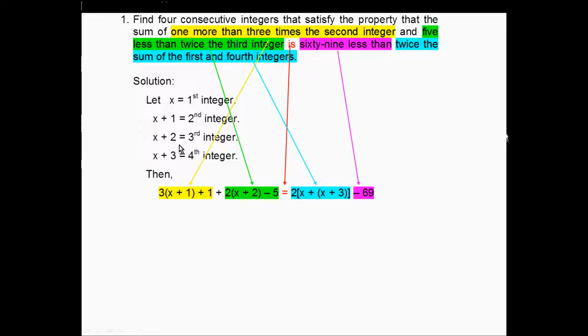The third one's called x plus 2, so 2 times x plus 2. There's my equals, twice the sum of, so I need 2 times something. The sum of the first and fourth. 69 less than, there's my minus 69, twice the sum of, so 2 times x plus 3.